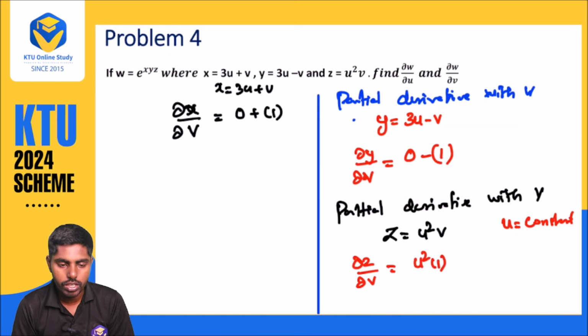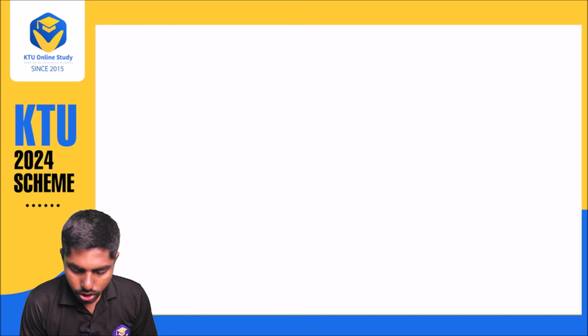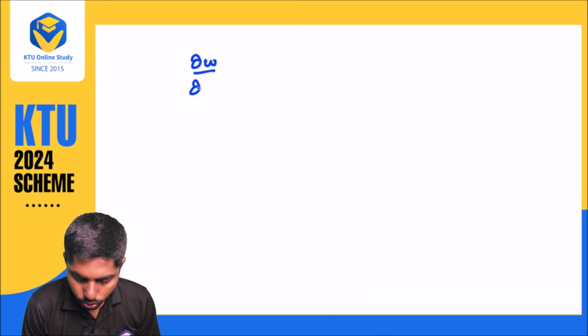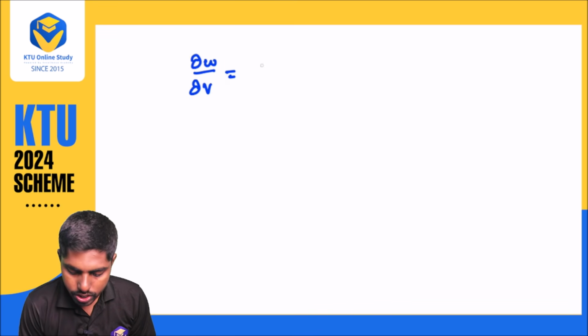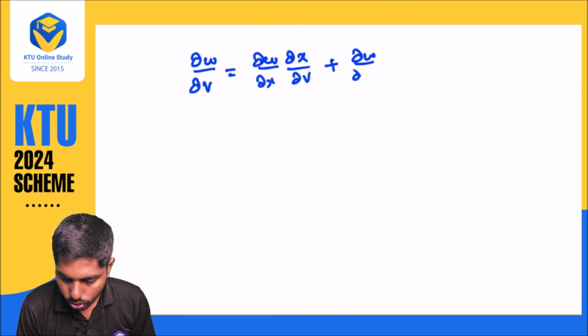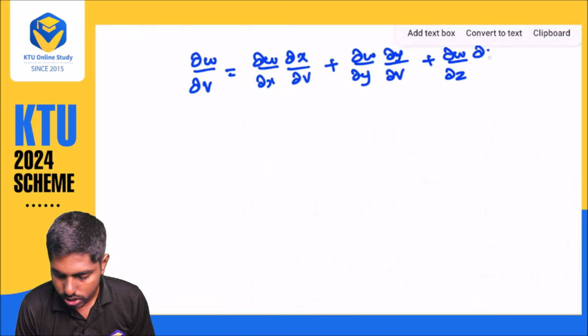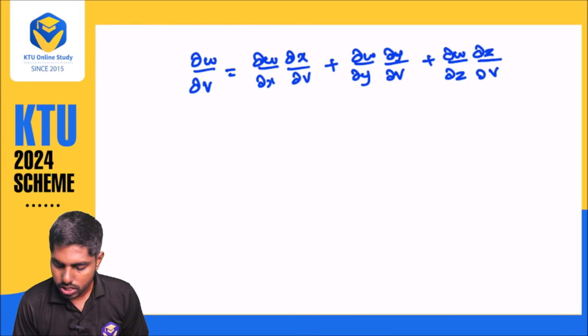So just substitute in the formula. What will we be getting? We will be getting ∂w/∂v is equal to ∂w/∂x into ∂x/∂v plus ∂w/∂y into ∂y/∂v plus ∂w/∂z into ∂z/∂v. So just substitute the values.